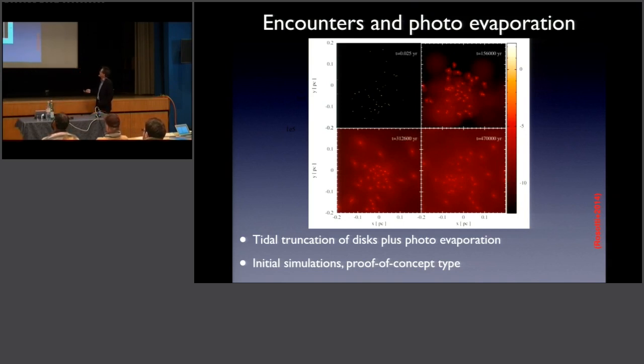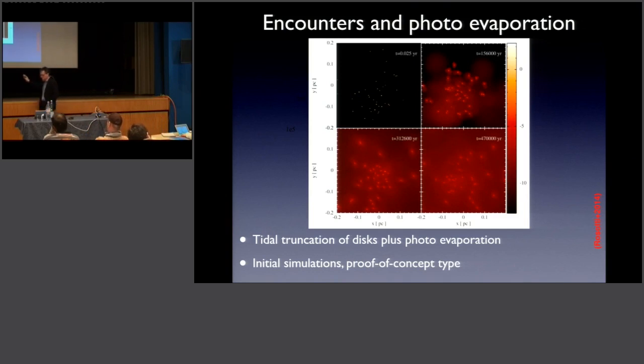This is a test, actually more just a proof of concept of how one can do it, of a simulation of a small group of 100 stars, which start with a disk, and then it evolves dynamically, and as you evolve, there is both photoevaporation and dynamical interaction. And so you see all this color that is getting up.